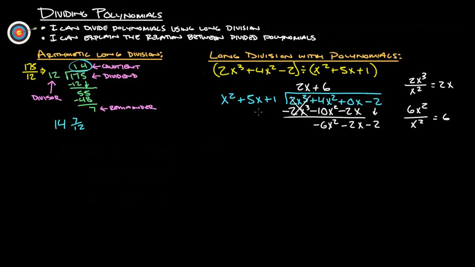And we take 6 times x squared, which is 6x squared. 6 times 5x is 30x. And then 6 times 1 is 6. Now remember, we're going to subtract all these things, so we have to change all of the signs. Oops, let's see. This is supposed to be negative 6x, because this was negative 6x here as well.